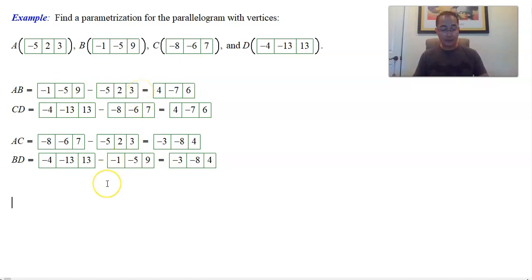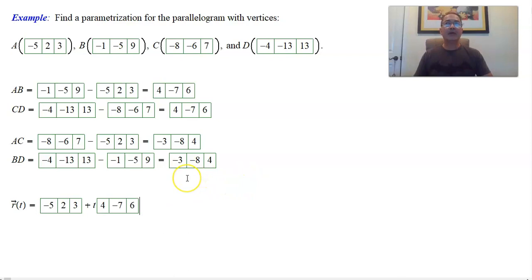That's our direction vector. We did it before. So we said R of T is the initial point, which will be A, and then we will add a multiple of the vector from A to B. There you go.